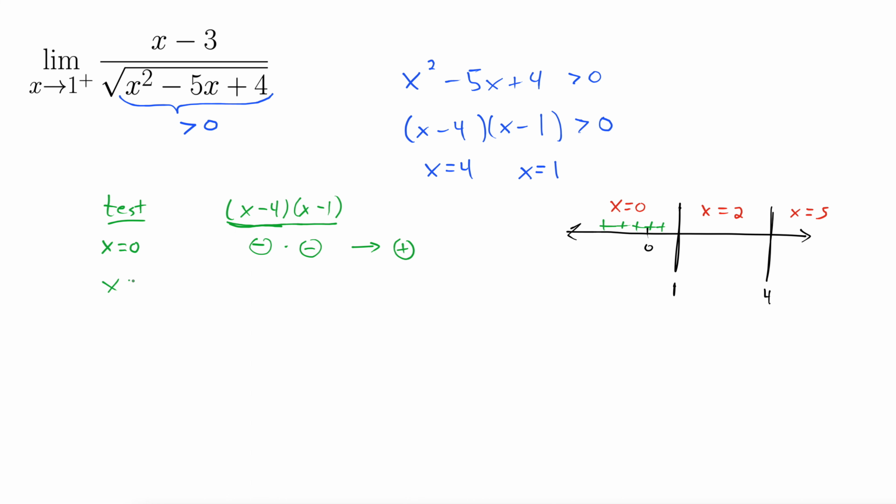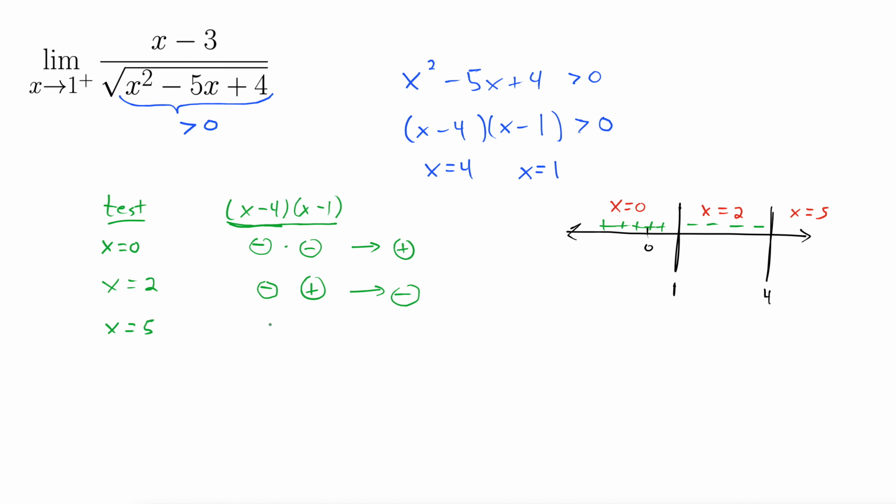Then we test x equals 2 for our second test point. Plug it in, we have 2 minus 4 is still negative, but then 2 minus 1 is positive. Negative times positive is negative. So this whole region is negative. And then x equals 5.